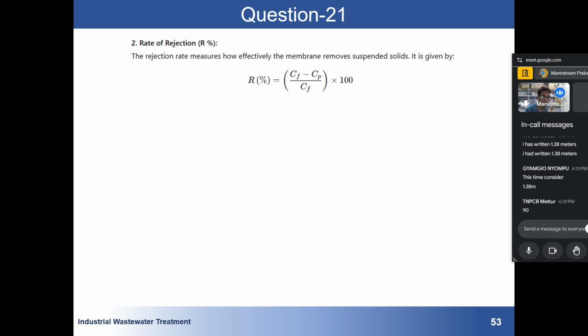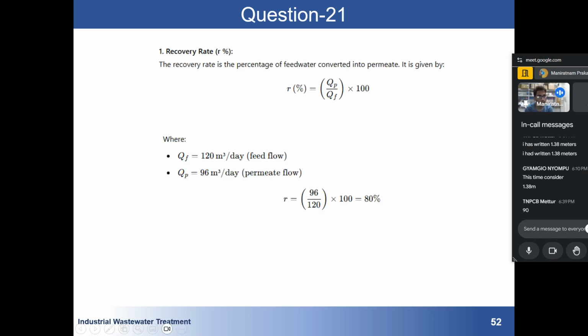So it's my advice to you, just solve all the numerical questions that are in your PDF or lecture notes, because numerical questions are very straightforward. You have to memorize some formulas, and if you understand those formulas, you can note them down, keep them in your mind, add the values and find the answer. The rate of recovery was simply Qp by Qf.